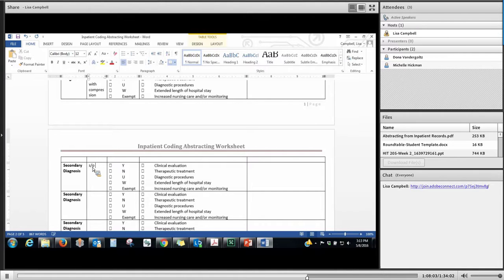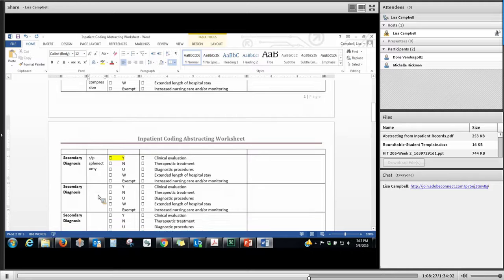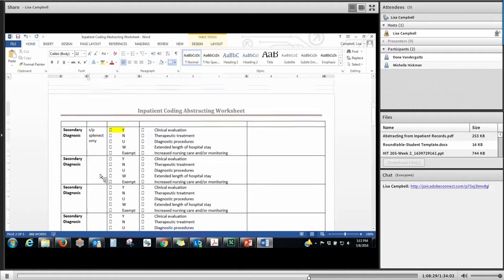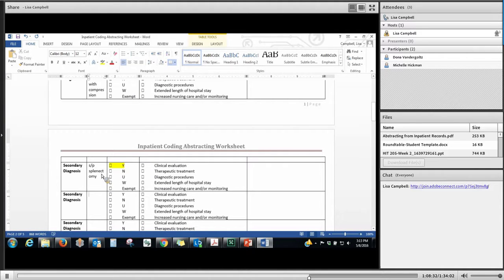Status post splenectomy, and the status post codes, they really don't give us any more money. So this would be something that your organization might say, yes, we want you to pick up, or no. I will tell you, for our answer key for this case, we are not picking it up.